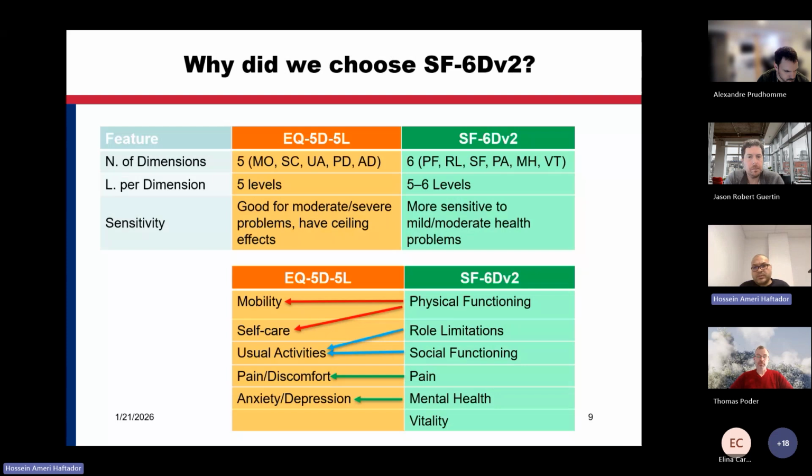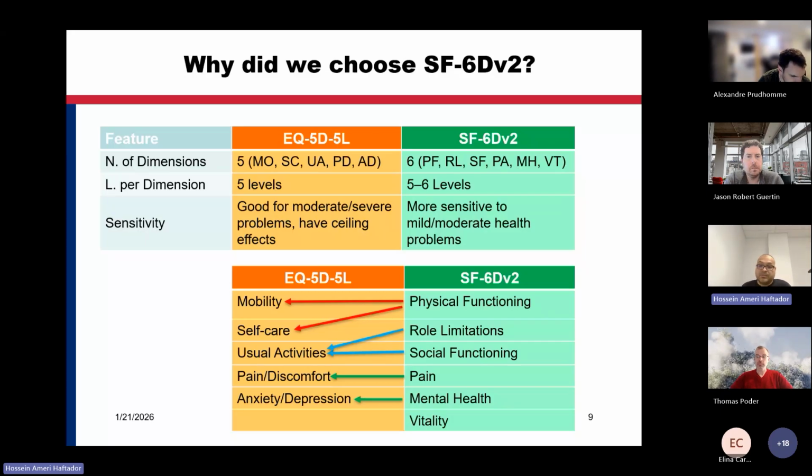Why did we choose SF6D version 2? Why did we estimate the value set for SF6D version 2? First of all, in Canada, a value set of SF6D is not currently available, and SF6D includes 6 dimensions, while EQ5D includes 5 dimensions.